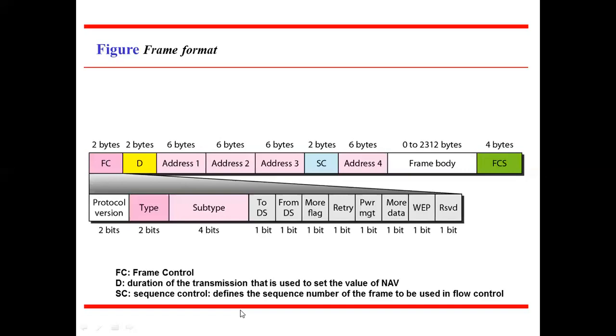Next are retry and power management, more data, then Wired Equivalent Privacy, that means encryption control defined by WEP, and reserved bits, etc. So this is the frame format of our MAC layer.